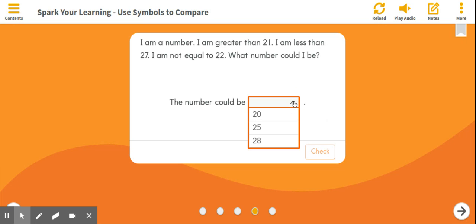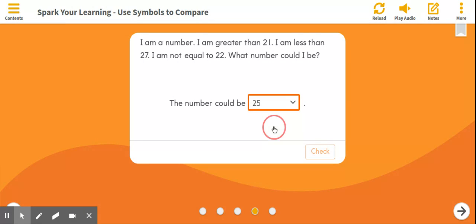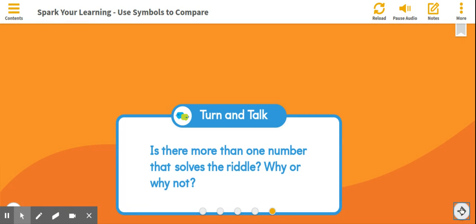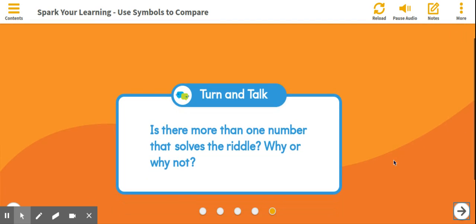Which one of these was one of our choices? 25 was one of our choices. It couldn't be 20 because that's not greater than 21. It couldn't be 28 because it said it was less than 27. Is there more than one number that solves the riddle?